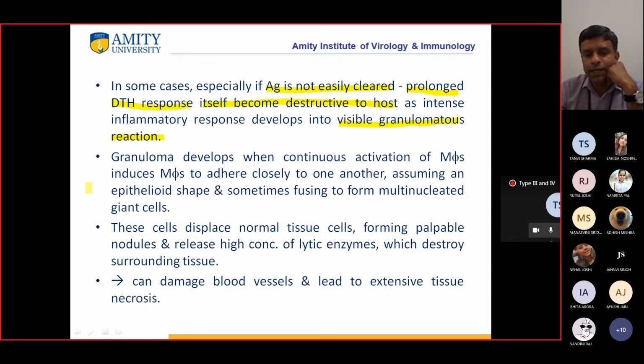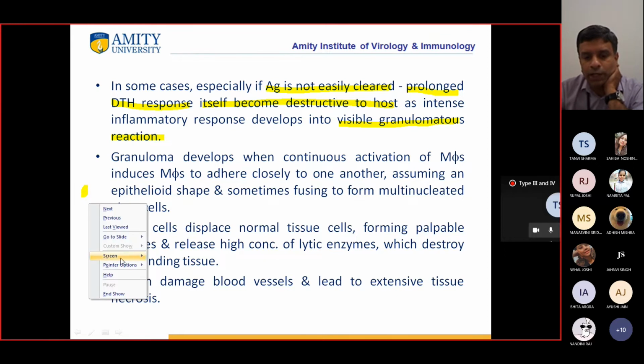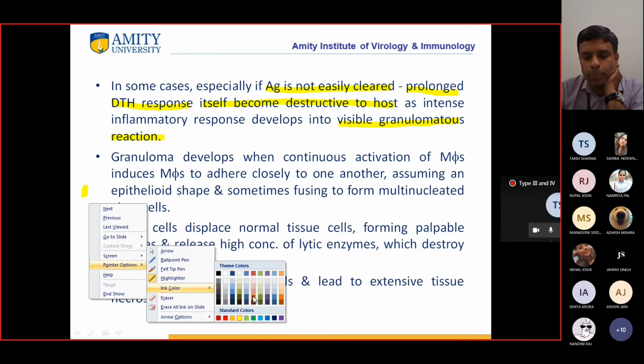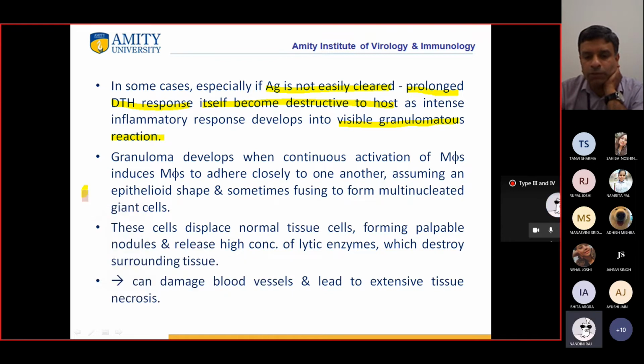So students, it is like this. Suppose you know ये एक like this has to be captured, right? Now what happened? A lot of macrophages are here, right? So a lot of macrophages are here, right?